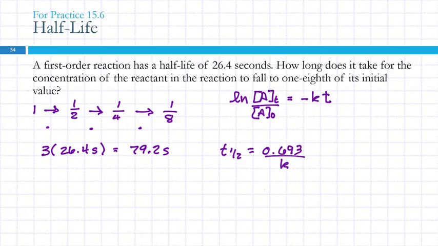Sorry about that. And we want 1/8 of the initial value. So that's saying that A_t is equal to 1/8 of A0. So conceptually, that's more difficult. Any questions?